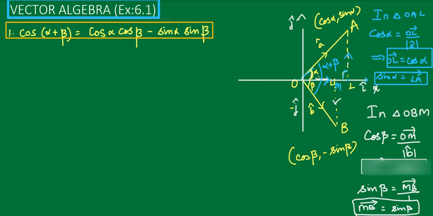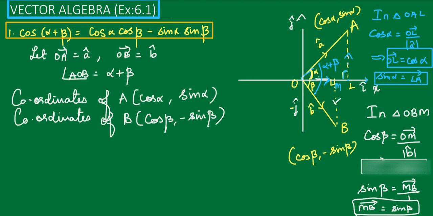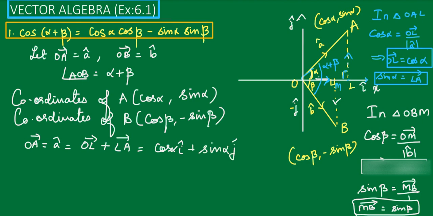Now let us write all the values we have found here. The coordinates of A are cos alpha, sin alpha, the coordinates of B are cos beta, minus sin beta, and now we want the dot product of A and B. So OA vector, which is equal to A cap, from the diagram is equal to OL vector plus LA vector, which is cos alpha I cap plus sin alpha J cap.